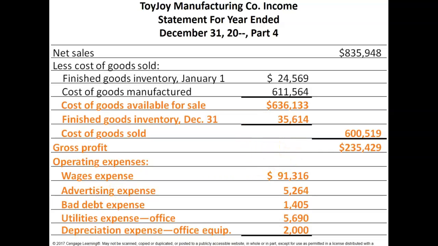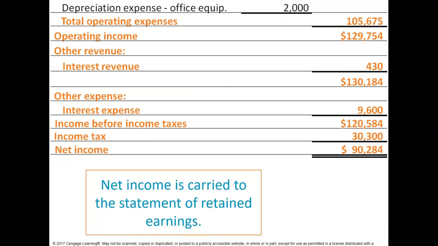We then subtract our cost of goods sold from our net sales, and we get our gross profit. And then from there, we subtract our operating expenses, and we'll move down to the lower half of that, and we'll get our net income, which we will then carry to our statement of retained earnings.